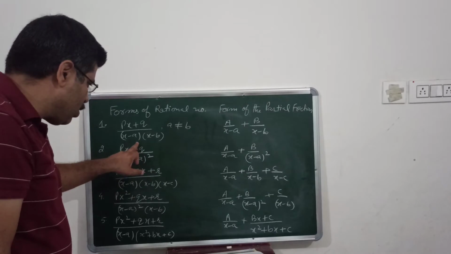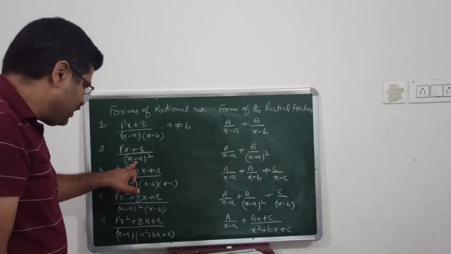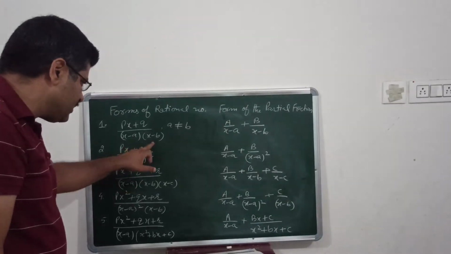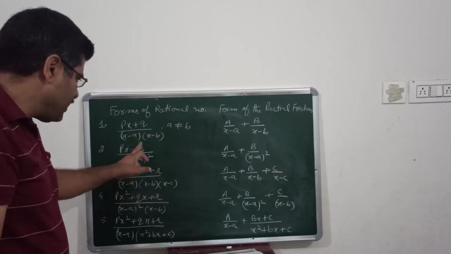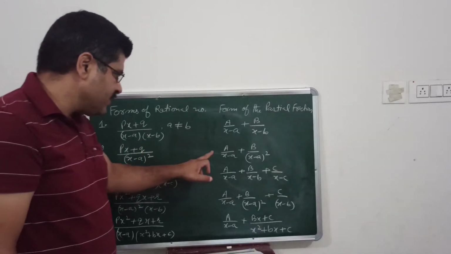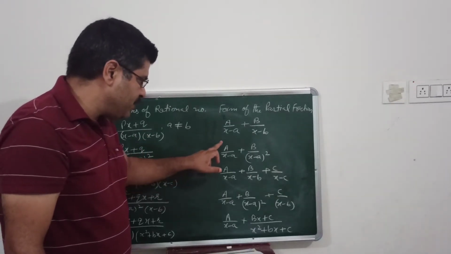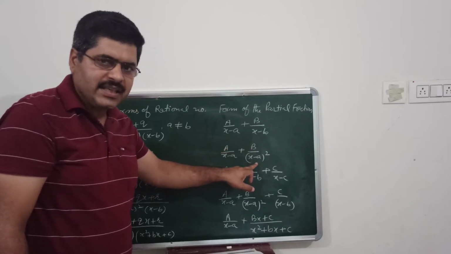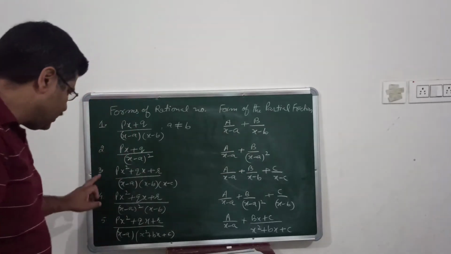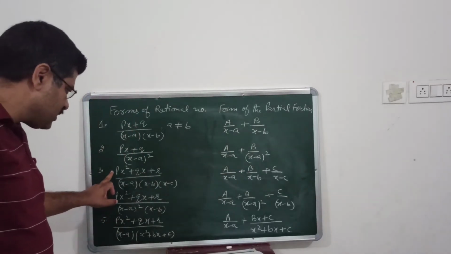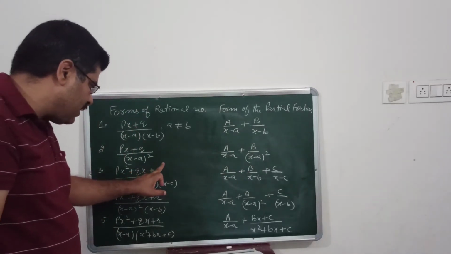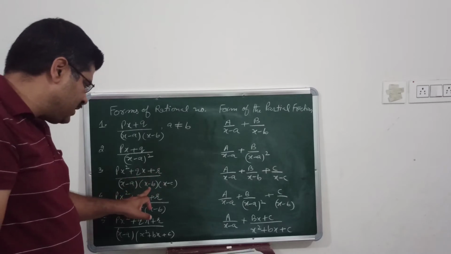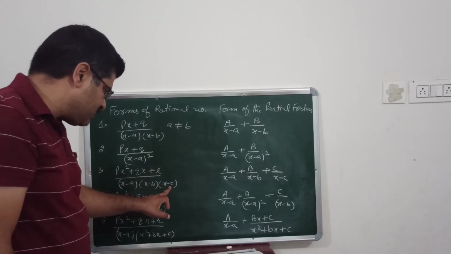The second form is (px plus q) upon (x minus a) whole square. The difference between this denominator and the previous one is that here we have a repeated root and there we had different factors. So for (px plus q) upon (x minus a) whole square, the partial fraction form will be A upon x minus a plus B upon (x minus a) whole square. The third form is (px square plus qx plus r) upon (x minus a)(x minus b)(x minus c).